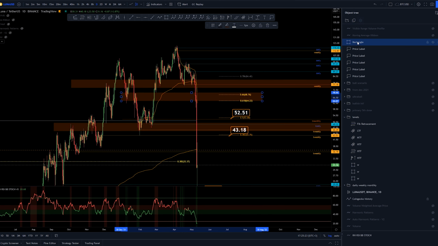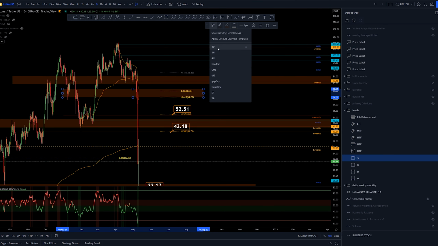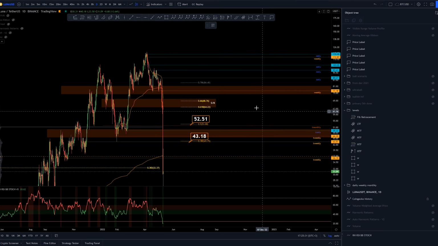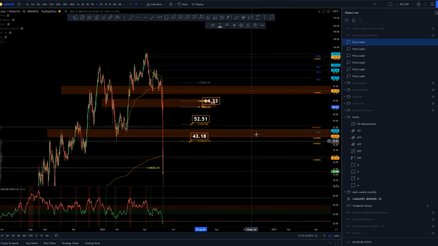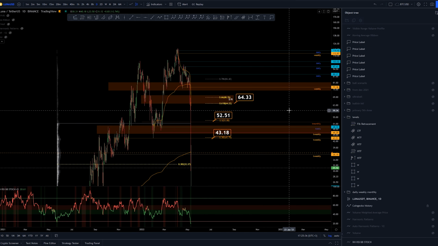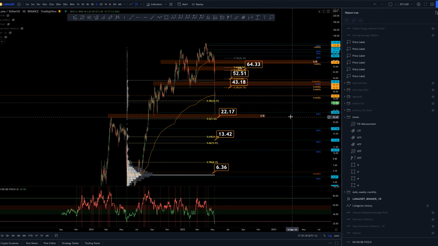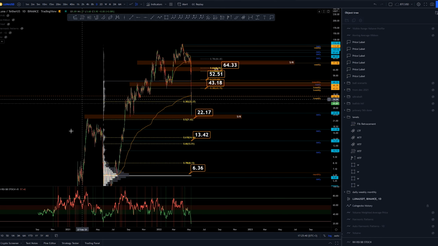This is again a good area of support and resistance as well. Let me label that properly here. So, that would be around $64. So these are the levels that I'm mostly interested in on the higher time frame.